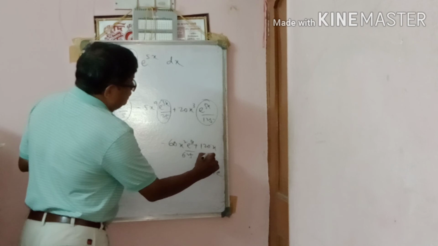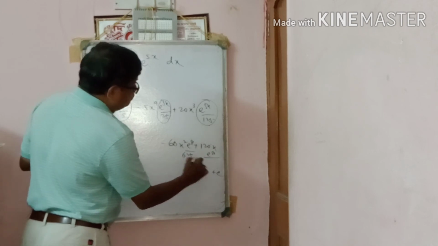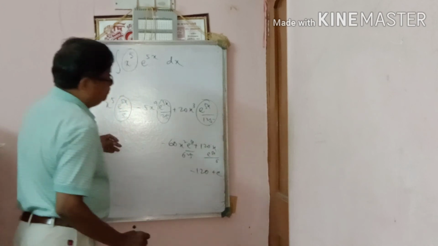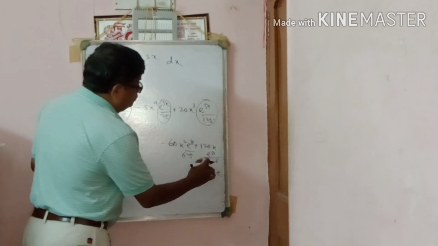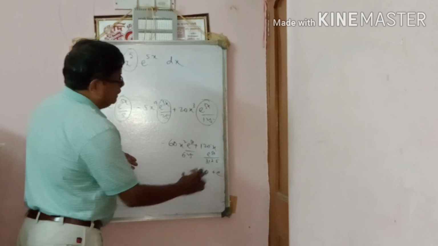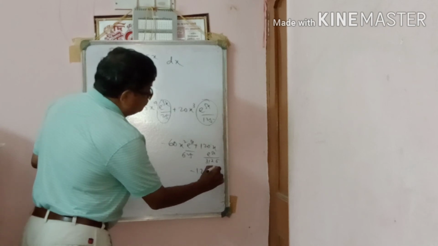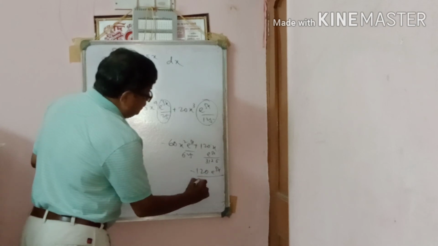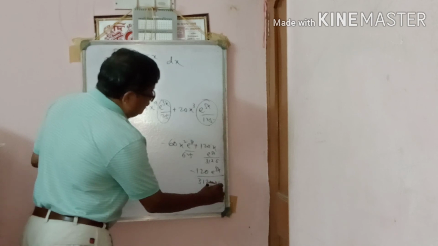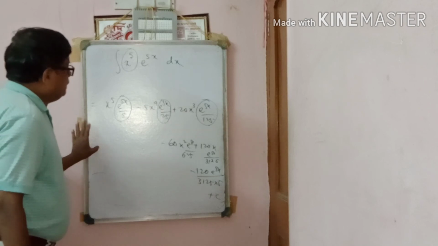Again its integration, e to the power 5x by 3125. Again by 5, e to the power 5x by 3125 into 5, plus c. Okay. So that you are getting the answer.